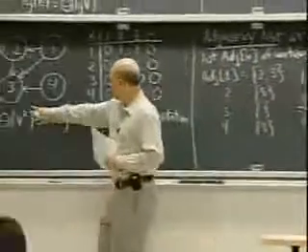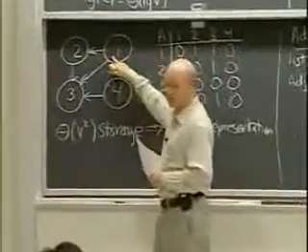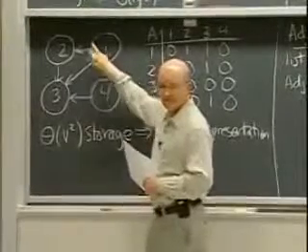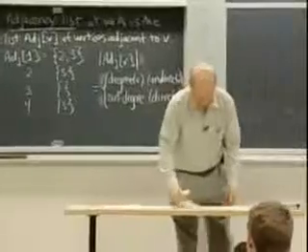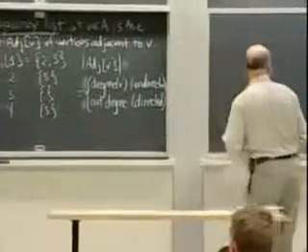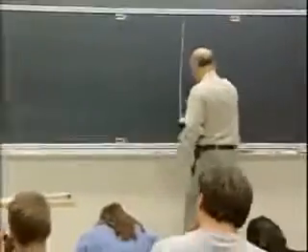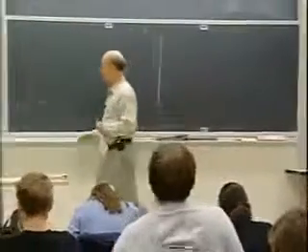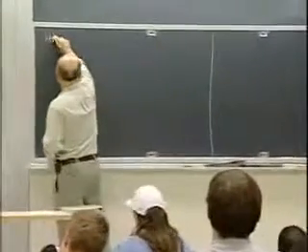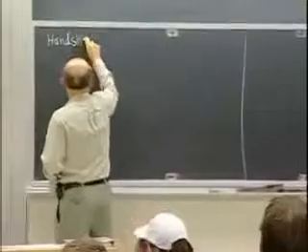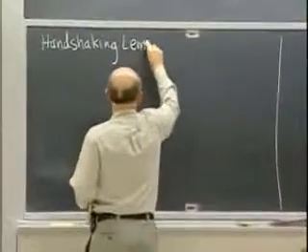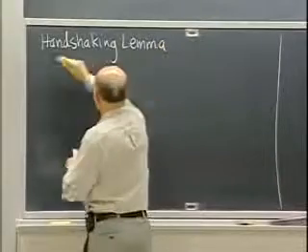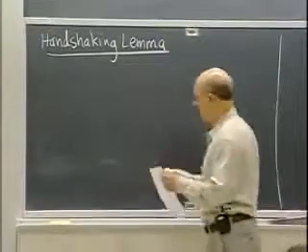So here the in degree is 3, here the out degree is 2. One of the important lemmas that comes up is what's called the handshaking lemma. It's one of these mathematical lemmas.